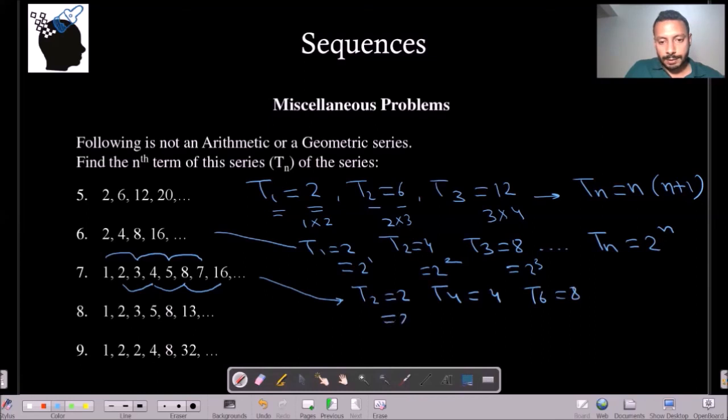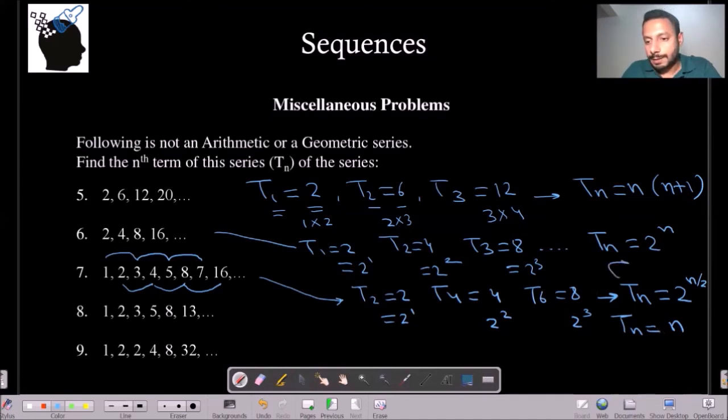Can we write this one as 2 raised to 1, 2 raised to 2, 2 raised to 3? So for even values, can we write Tn as 2 raised to n by 2? And for odd ones, can we write this as n itself? We can. So for the even case, this is the condition, and for the odd case, this is the condition.